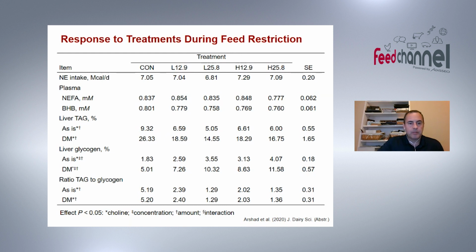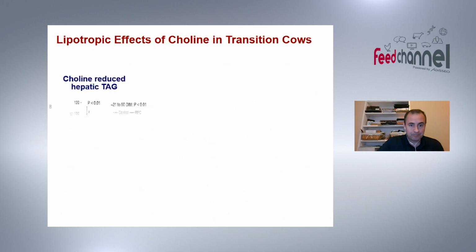So when we look at the ratio of triacylglycerol to glycogen, it was more favorable in the cows that received rumen-protected choline, in particular those that received a larger amount. So we can see that in the cow, as well as in the monogastric, in which the literature is much more abundant, choline in fact has this lipotropic effect. We just don't know the exact mechanism yet, and we are working on that, as are other people.